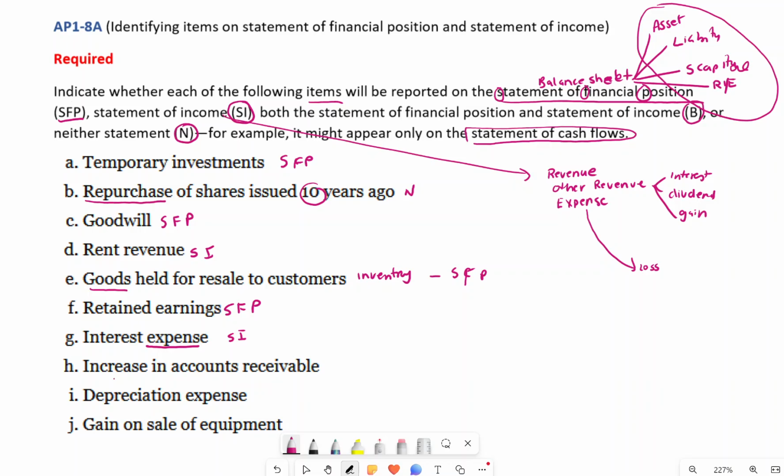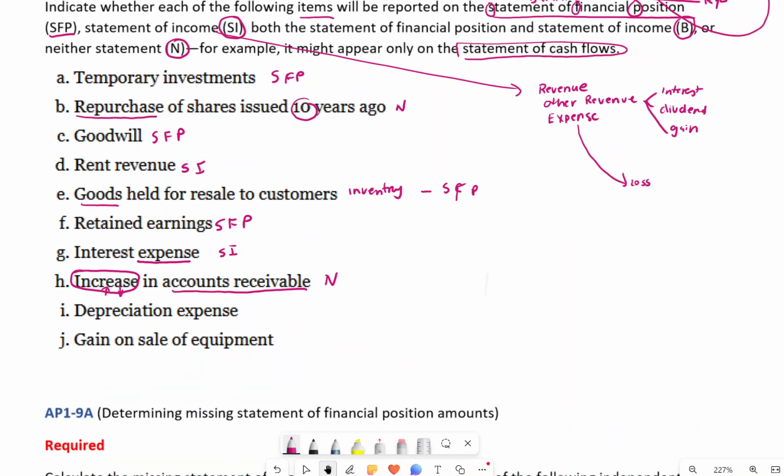In this case, they told us there's an increase or you could have a decrease. And what account is that? It's an accounts receivable account. In this case, it will go on neither. This is just an increase or decrease in accounts receivable, and that will go on my statement of cash flow.